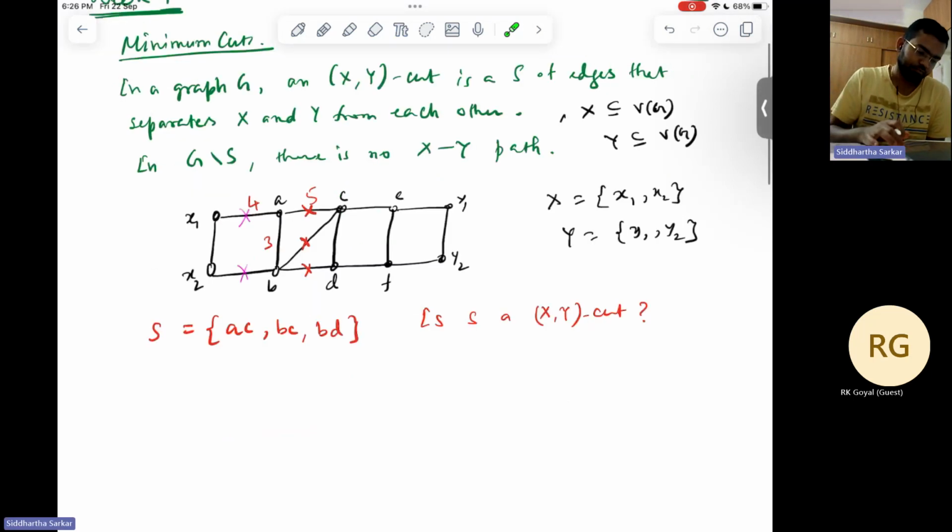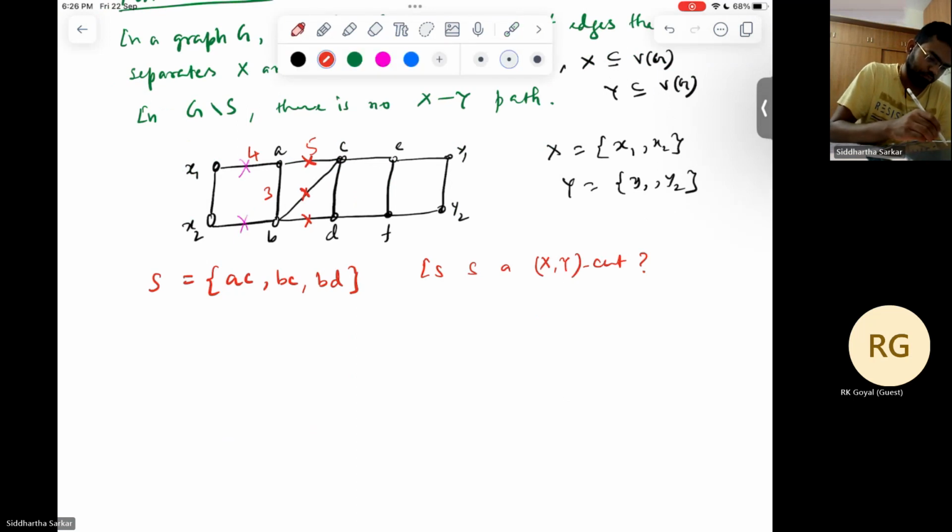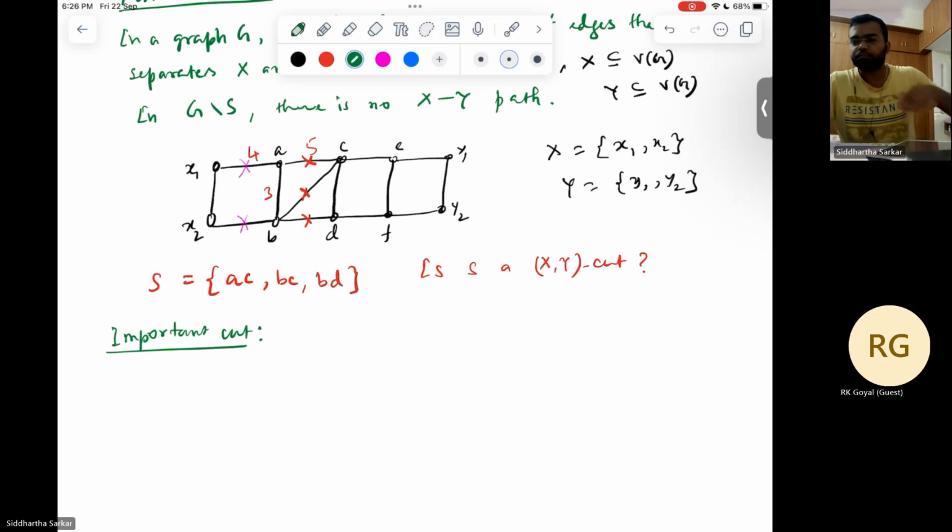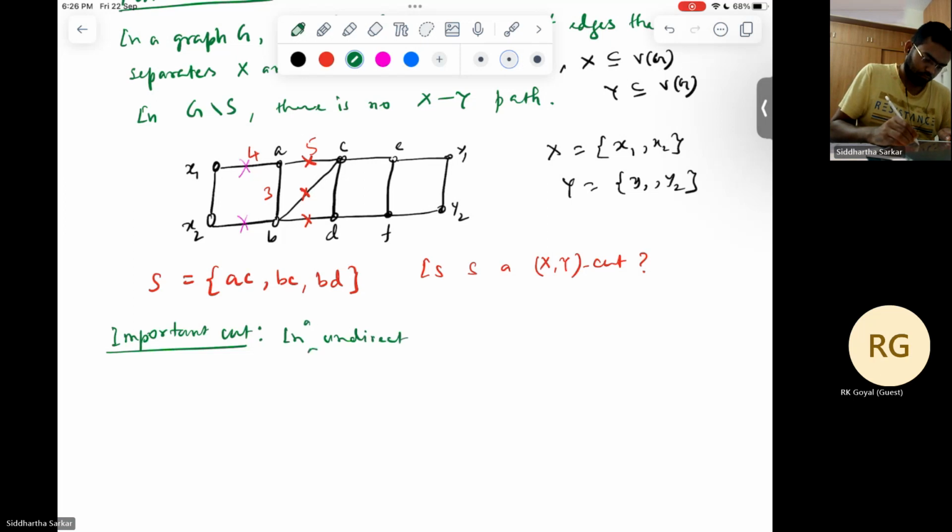So I'll just write it down. An important cut. In an undirected graph G, let X and Y be subsets of the vertex set, and they are two disjoint sets of vertices.